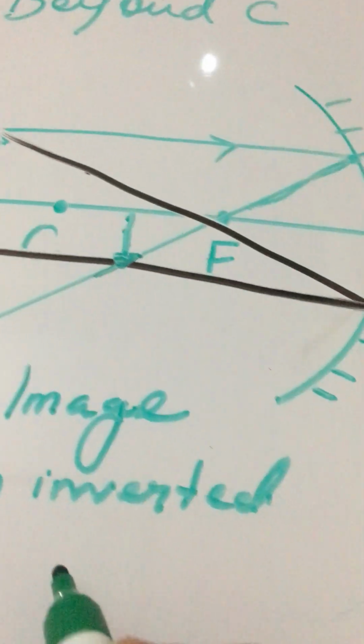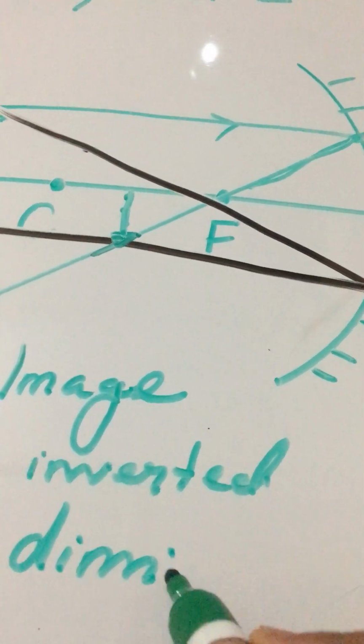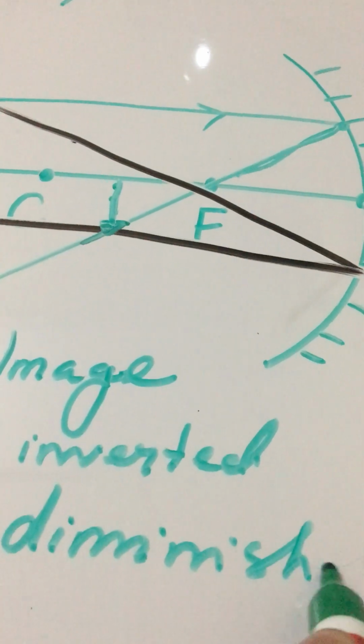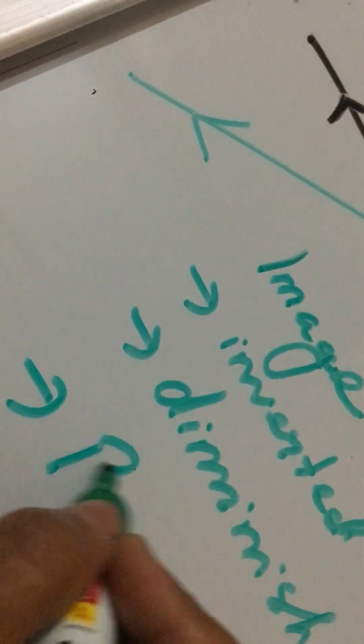We use the word diminished. So it is inverted, diminished. The reflected rays are really meeting, so we call the image real. So this is the nature of the image.